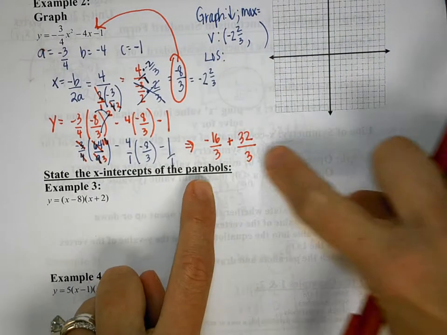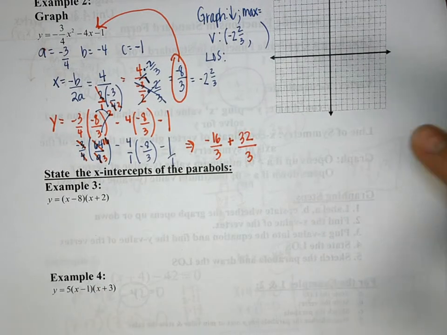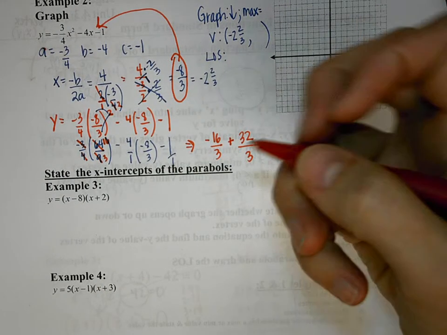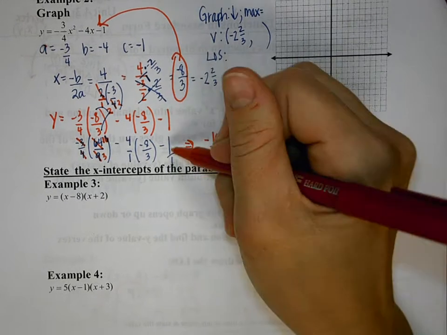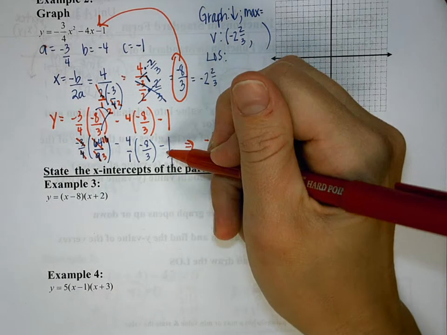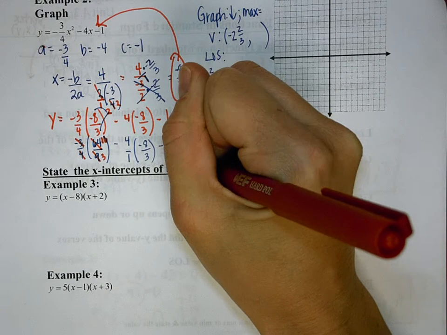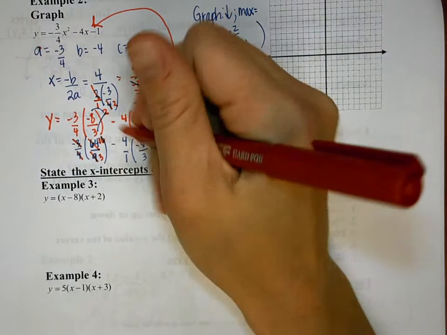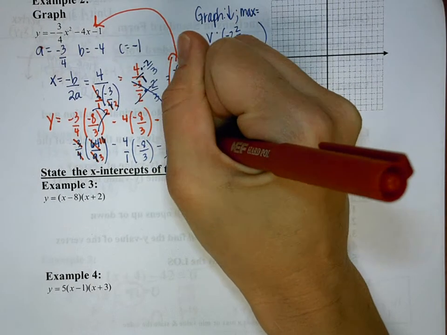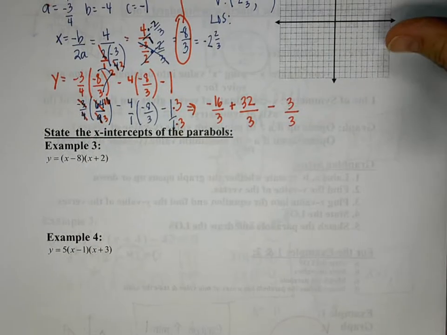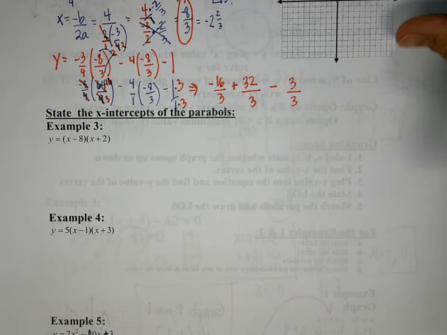But when we're dealing with fractions, and we need to add or subtract, they need to have common denominators. So at the same time, I'm going to change this to have a denominator of 3. Okay? So if I want a denominator of 3, that means I have to multiply 1 times 3 to the bottom, which means I'll have to multiply 3 to the top, right? So instead of having minus 1, I end up with minus 3 over 3 there at the end.